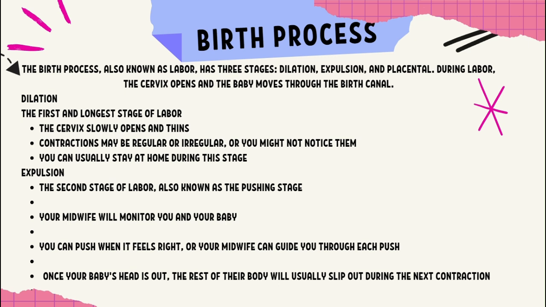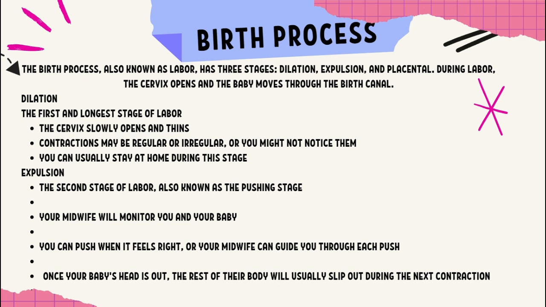So basically the cervix is going to slowly open, and during this stage, the pregnant woman would normally feel contractions, right? So they might be regular or irregular, or they might not even notice them at all. And as long as the doctor said it's safe to stay home, they would usually be at home during this stage.